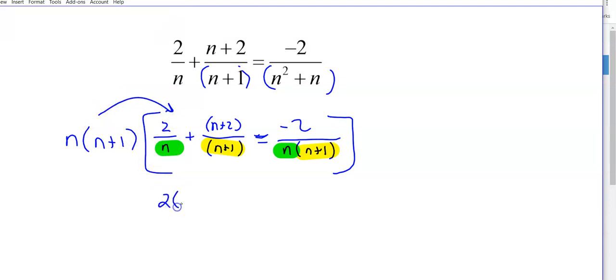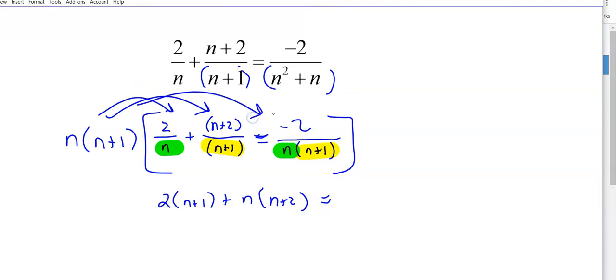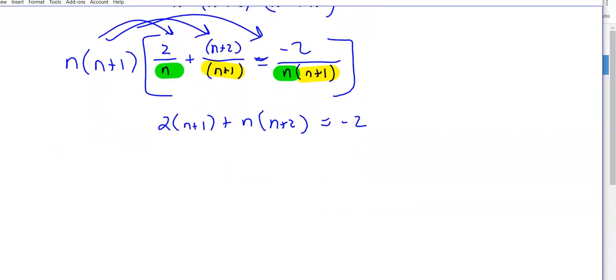So you get 2 times (n plus 1), plus for the next term, the n plus 1 is going to cancel, so n is going to multiply by the (n plus 2) here. And on the other side of the equation, n and n plus 1 cancel, so you're just left with negative 2. Oh, that's kind of nice, right? So you get 2n plus 2 plus n squared plus 2n equals negative 2.